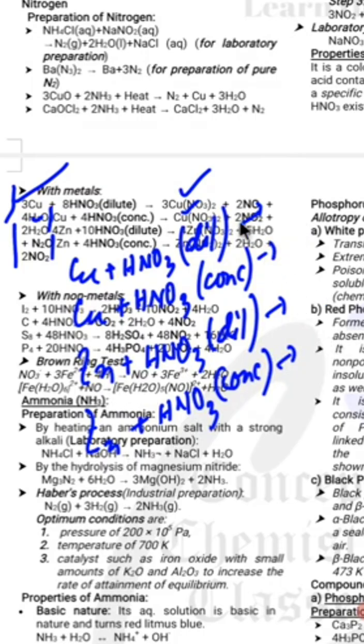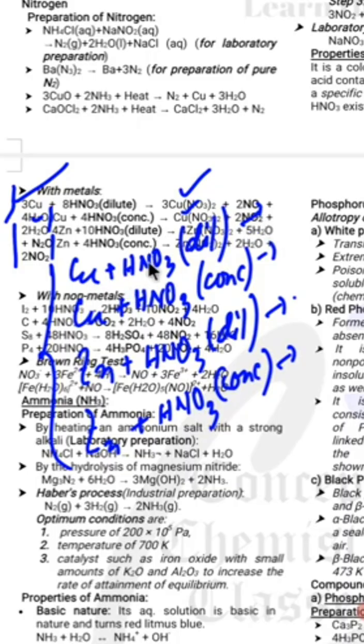nitrate. Okay, these are given in the reactions. Okay, zinc nitrate, copper nitrate, zinc nitrate, and the second product, common product, will be water. In all the four reactions, water will also be produced. The difference is the oxide of nitrogen produced in this reaction.